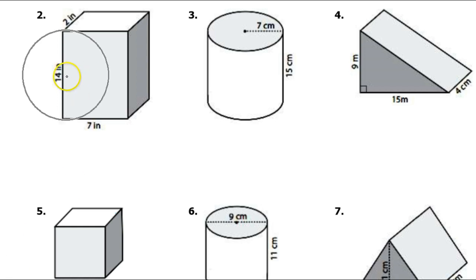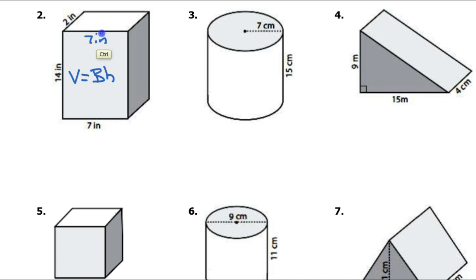So looking at problem number 2, the volume is going to equal the area of the base times the height. Well, so what's the area of the base? You can look at this white rectangle at the top. That's going to be one of the bases. The area of a rectangle is base times height, so it's length times width. So see the 7 down here? This is really 7 inches right there.